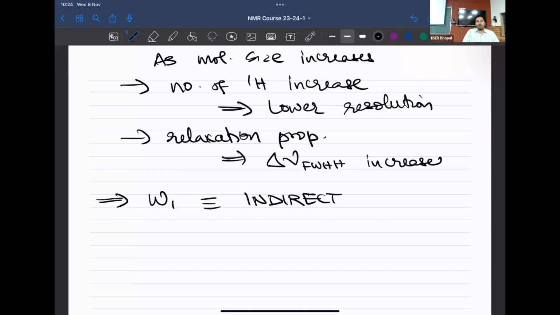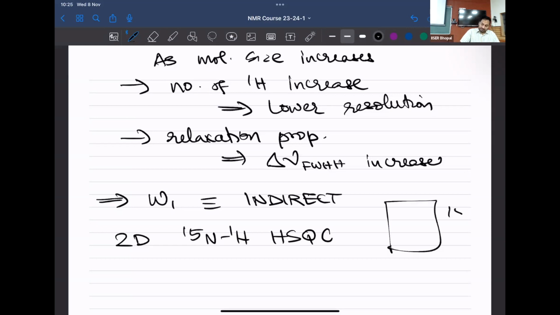I hope you guys will also be able to recollect the 2D nitrogen-proton HSQC, heteronuclear single quantum coherence spectroscopy. The spectrum that you end up getting from an HSQC for a protein, which has 15N in the indirect dimension and 1H in the direct dimension, has very characteristic peaks that end up coding for the protein, meaning that every protein has a unique two-dimensional nitrogen-proton correlation, and therefore one would be able to understand how the protein looks and what are the changes that come up.